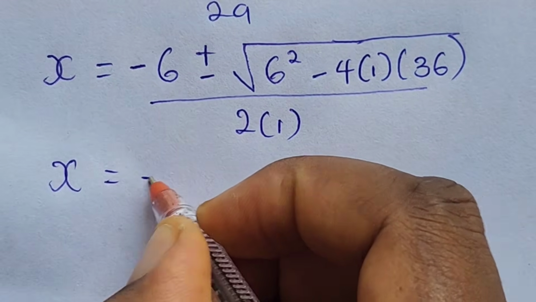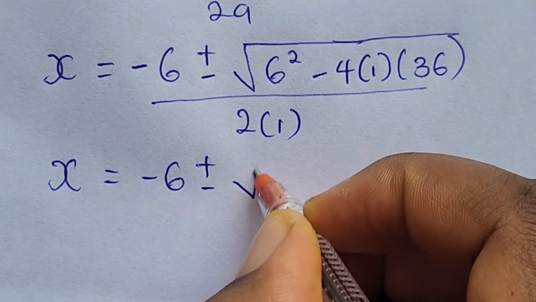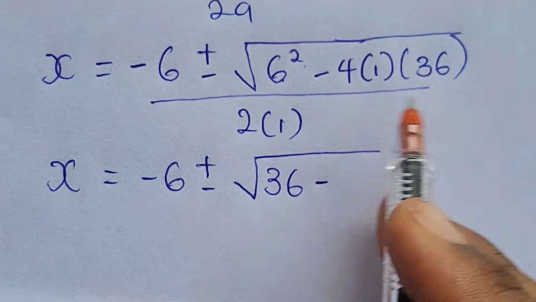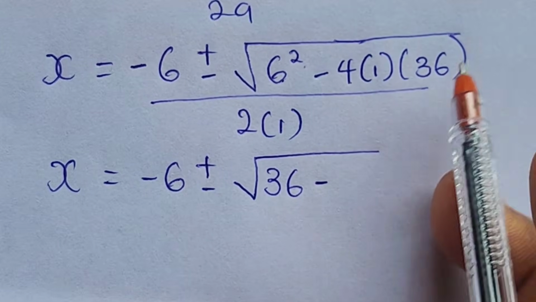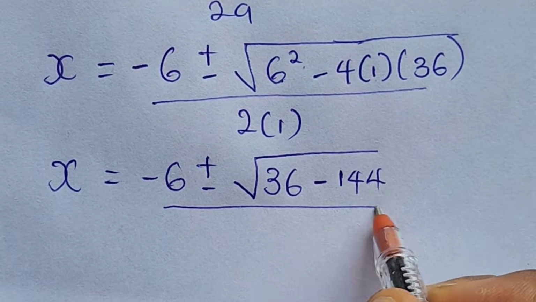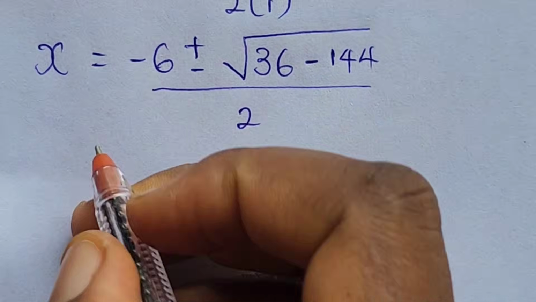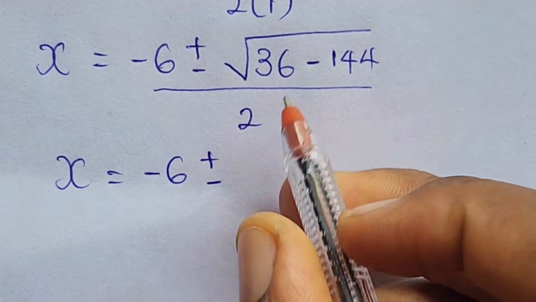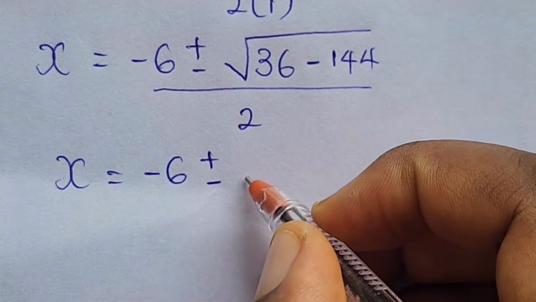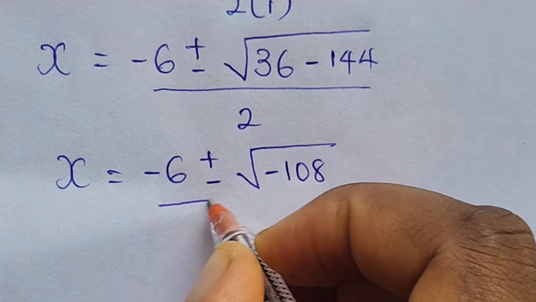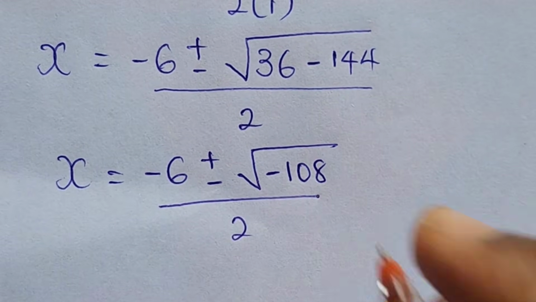So x is equal to minus 6 plus or minus the square root of 36 minus 4 times 1 times 36, which will give us 144, all over 2. So x is equal to minus 6 plus or minus the square root of 36 minus 144, which is minus 108, all over 2.